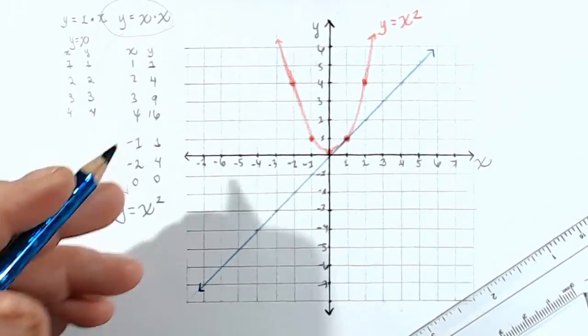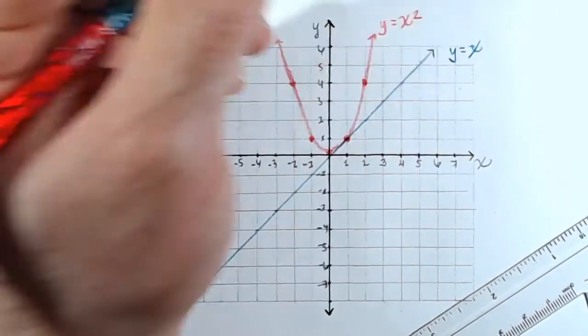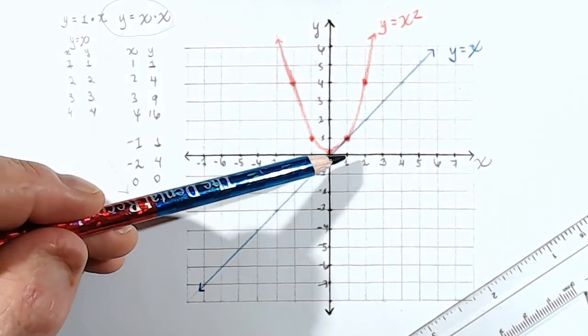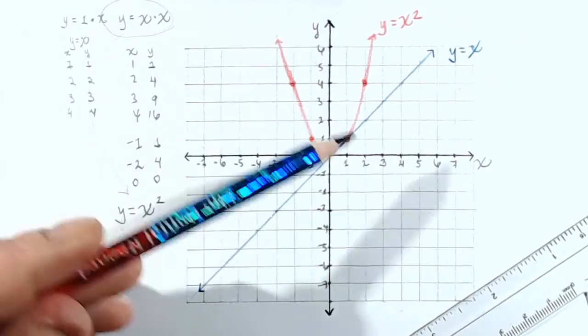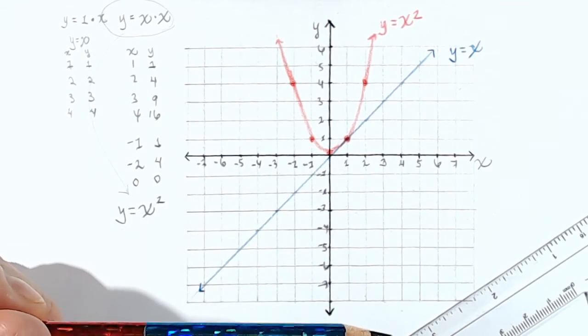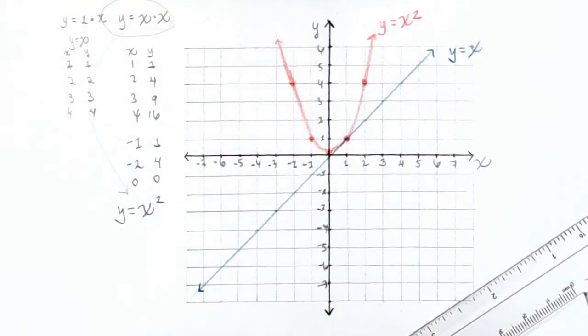And this blue line was the graph y equals x. So do you see how they're interrelated? This is the graph where we take this blue graph, we take all of our x values and multiply by 1. In this graph, we take all of our x values and multiply by that same value. And that's how we generate this picture.